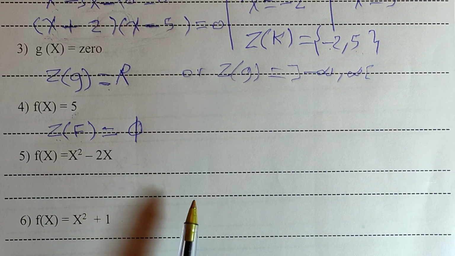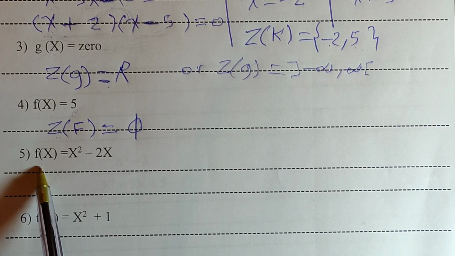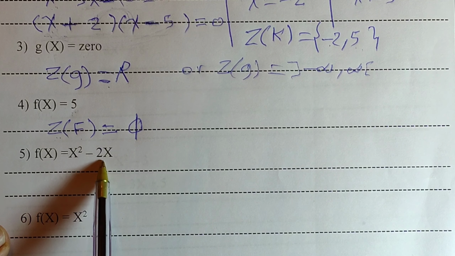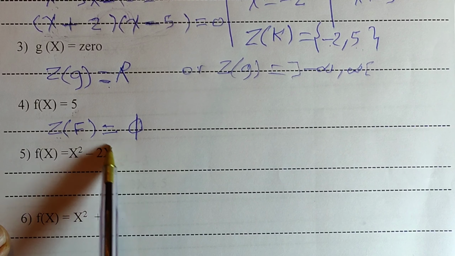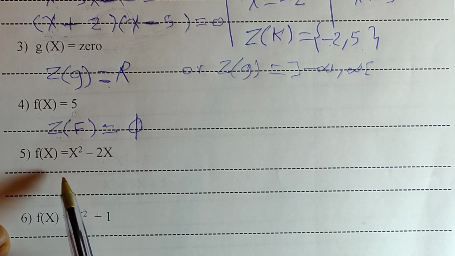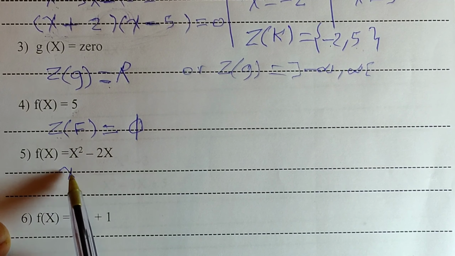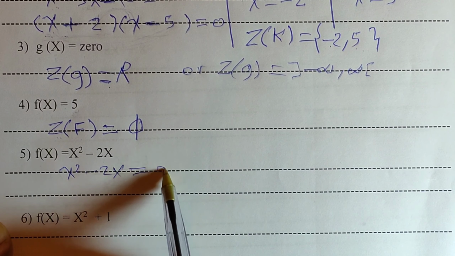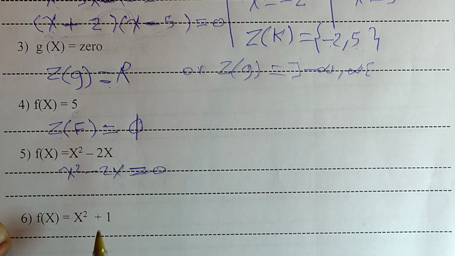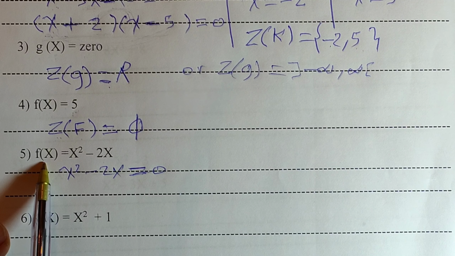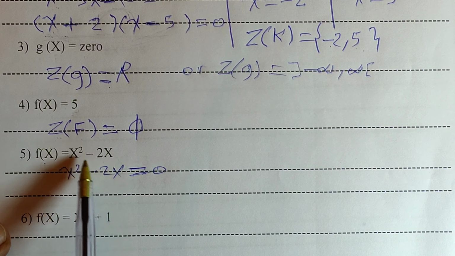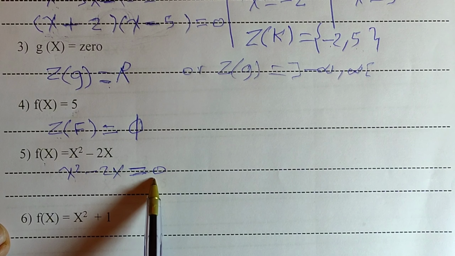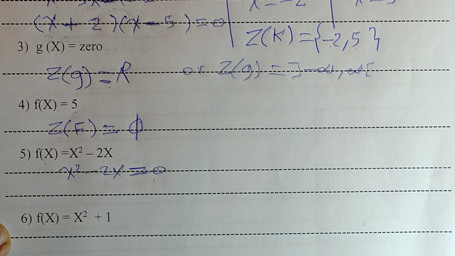Okay. Example number 5. F of x equal x power 2 minus 2x. If we write this equation, x power 2 minus 2x equal 0, because we want to get the set of zeros of this function. So we have to write this equation, x power 2 minus 2x equals 0. How can we solve this equation?